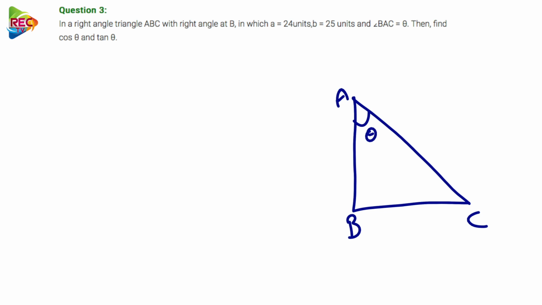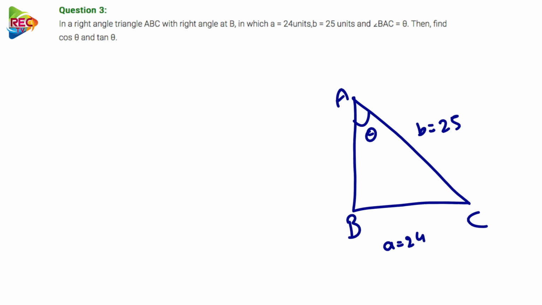Here given the values, small a equal to 24 units, small b equal to 25. Angle BAC equal to theta.